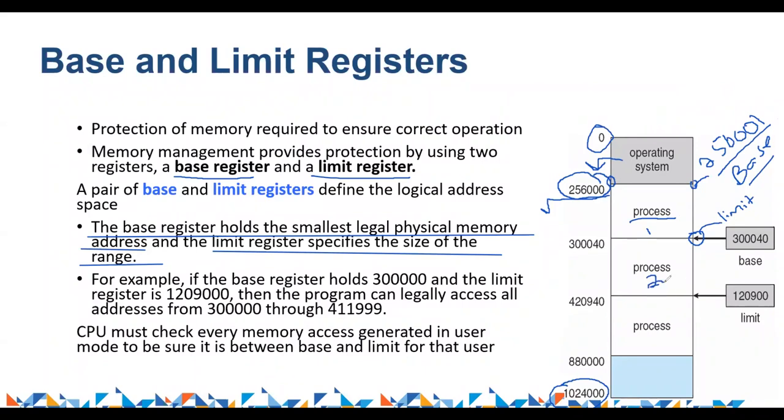For process 2, this memory, which was the limit register for process 1, with one increment, like 1 4 1 and 3 0 0 4, will be the base register for P2, and this will be the limit register for P2.